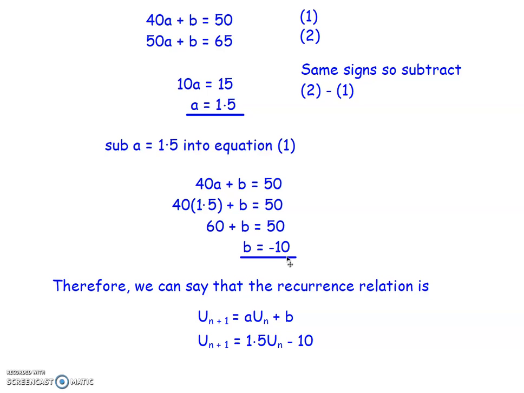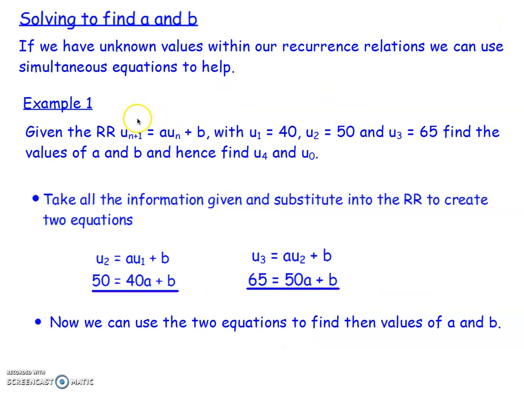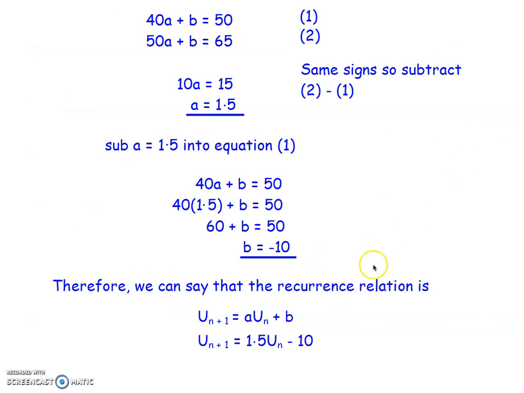So therefore, we have our a and b values, so we can substitute them into our original recurrence relation, u(n+1) = a·u(n) + b. When we do that, a is 1.5 and b is -10, so it gives me u(n+1) = 1.5u(n) - 10.